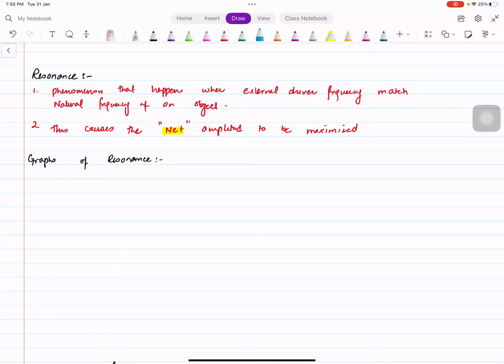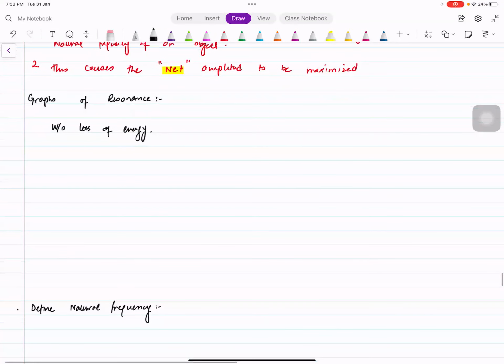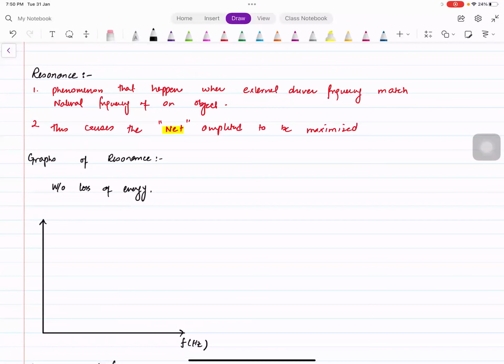Now, there could be two types of graph. One graph is where there is no loss of energy, which is practically not possible. But theoretically, we can say that if this is frequency, and this is the amplitude, then where the natural frequency is, let's call this F naught, the graph would show an unlimited rise about this point.